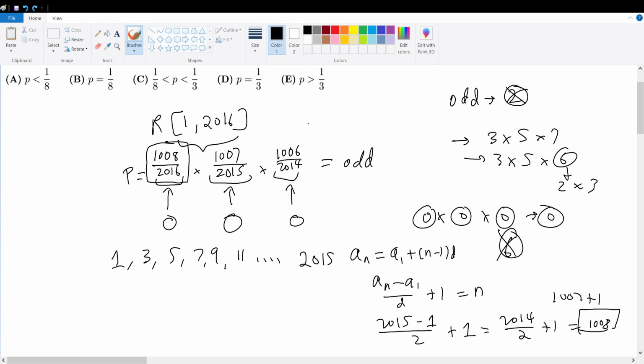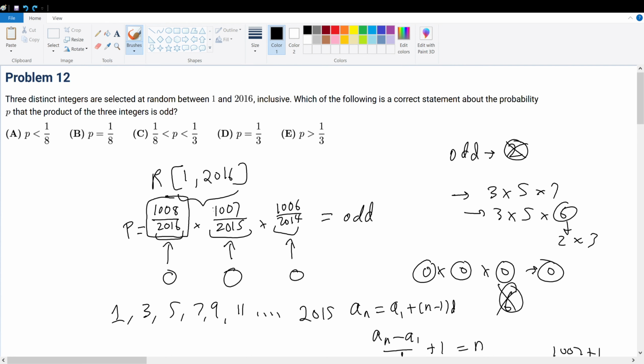But what are our probabilities given as? They're given as ranges and inequalities. But let's just first solve it for the first one. This is obviously 1 over 2. But what about 1007 over 2015? Well, 1007 over 2015 is simply 1008 minus 1 over 2016 minus 1.